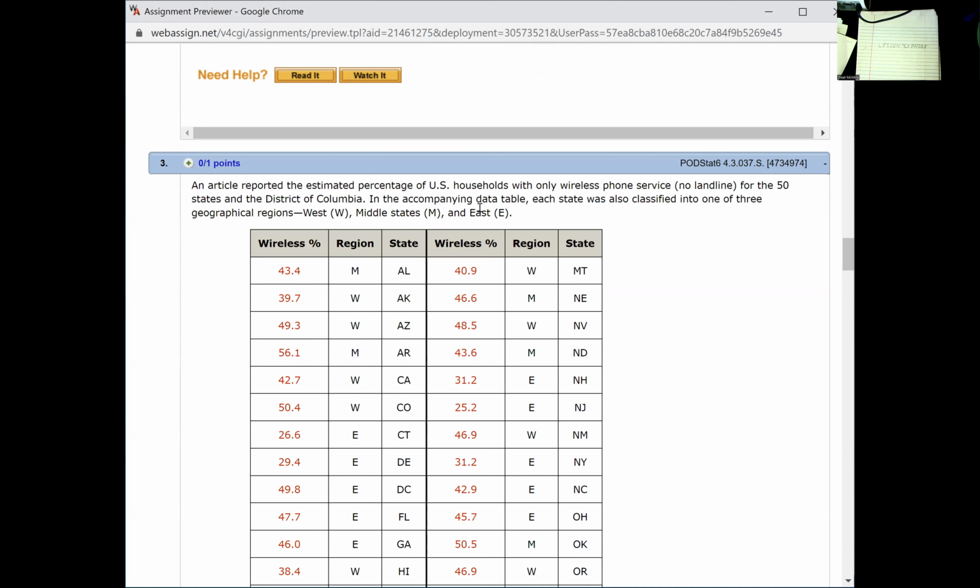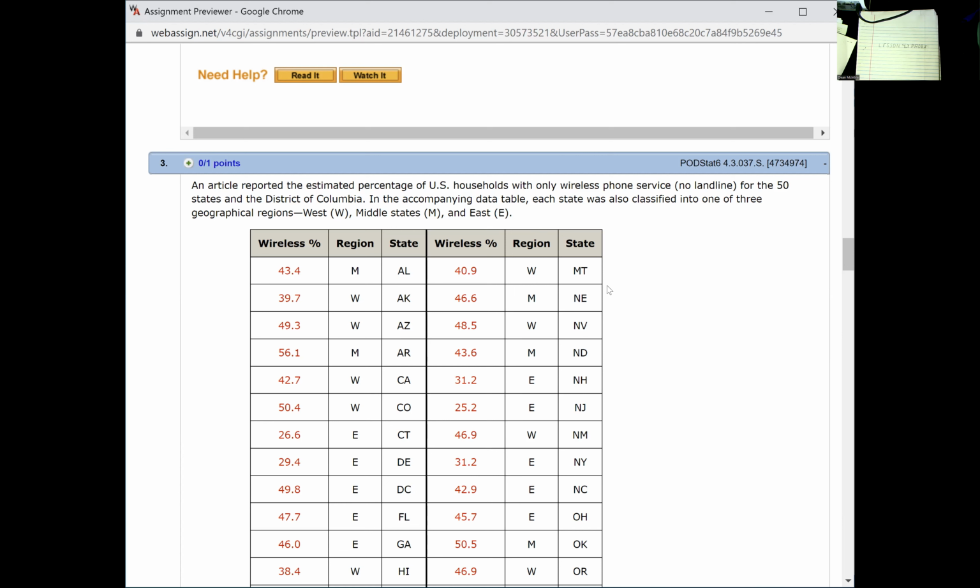In the accompanying data table, each state was also classified into one of three geographical regions: West, capital W, Mid states, capital M, and East states, capital E.